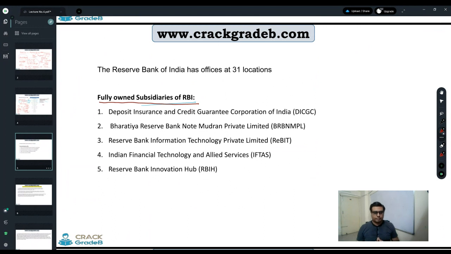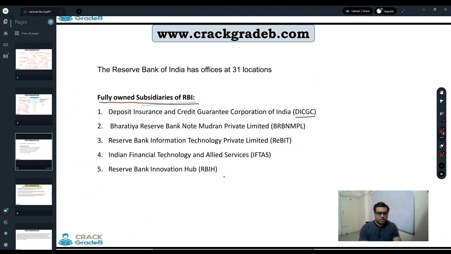Now, moving ahead, RBI has fully owned subsidiaries, meaning these organizations are completely under the control of the Reserve Bank of India. These are DICGC, Bharatiya Reserve Bank Note Mudran Private Limited, Reserve Bank of India Information Technology Private Limited, Indian Financial Technology and Allied Services, and the fifth one is the Reserve Bank of India Innovation Hub.